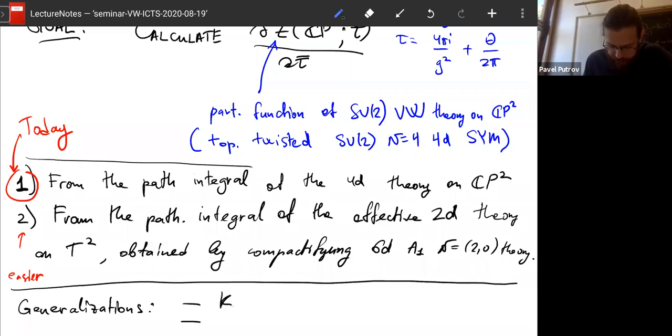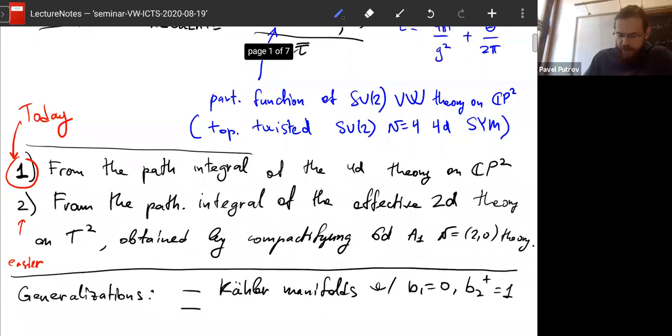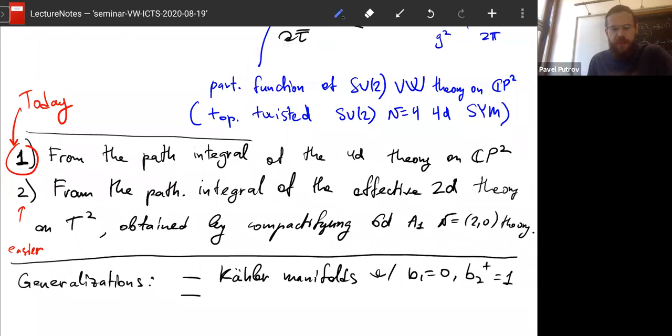The generalizations are that instead of CP2, we can consider Kaehler manifolds with b1, the first Betti number, equal to 0, and b2 plus equal to 1. CP2 is in a sense the simplest example of such a manifold. And we can also go from SU(2) gauge group to SU(N) gauge group.